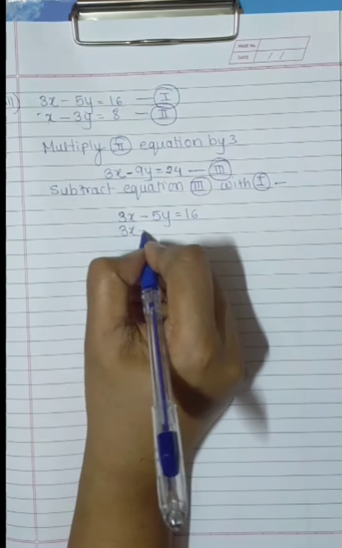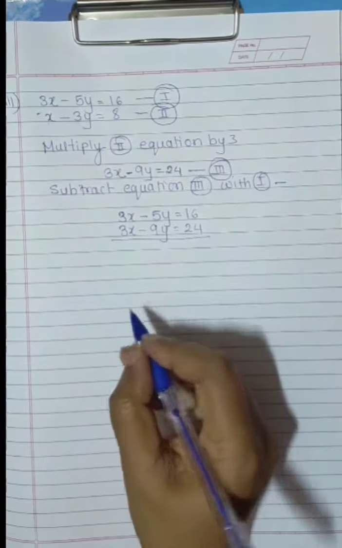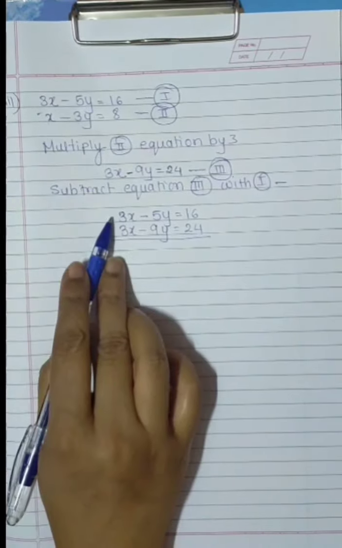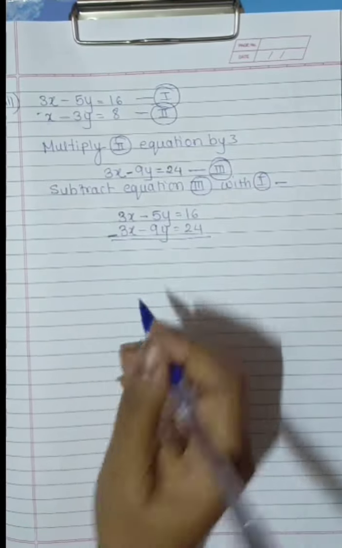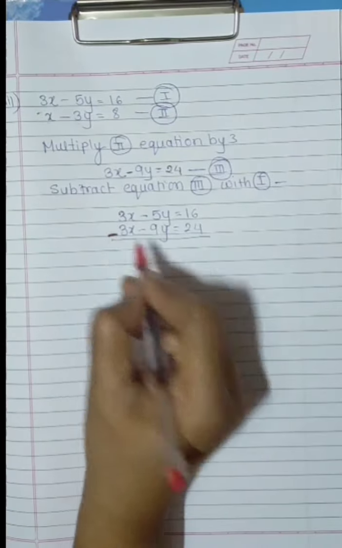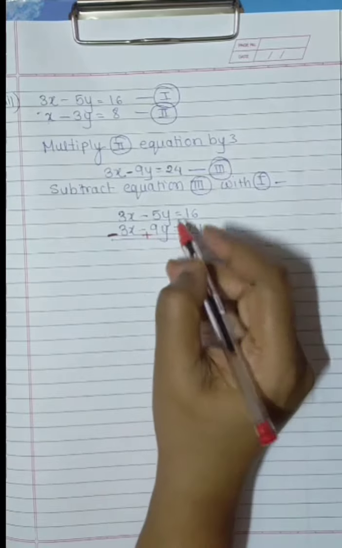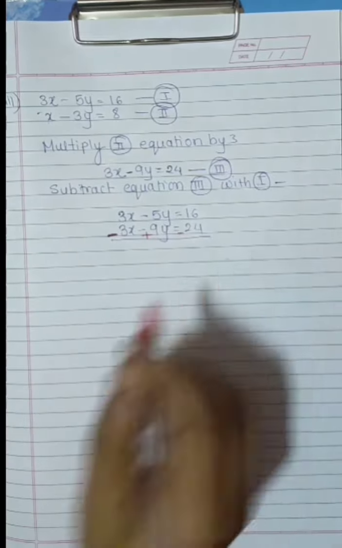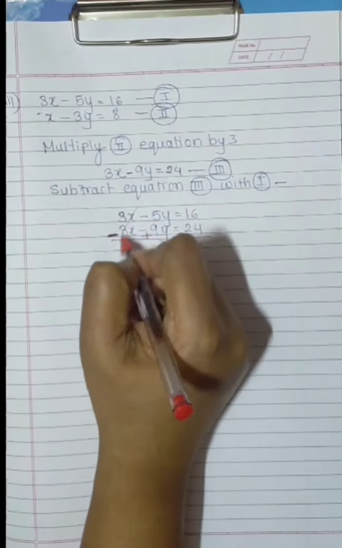Now 3x minus 9y equal to 24. As you know, when we subtract we change the signs. So here plus plus minus will come, here minus minus plus will come, here also minus sign will come. Okay, now this is going to be cancelled.